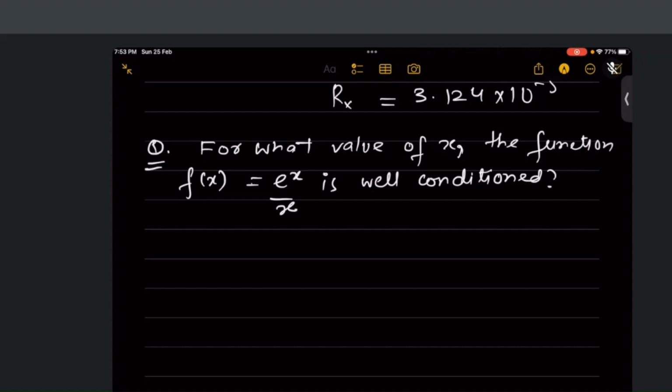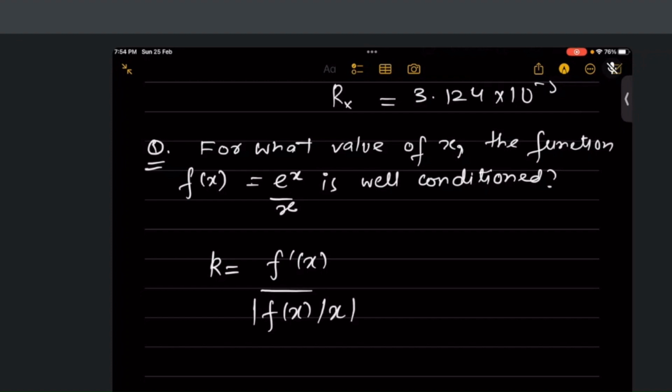So in that context, if you are given any function f of x, you have to find the condition number of it. For that, you have the formula: x into f dash of x upon modulus of f of x, divided by x.